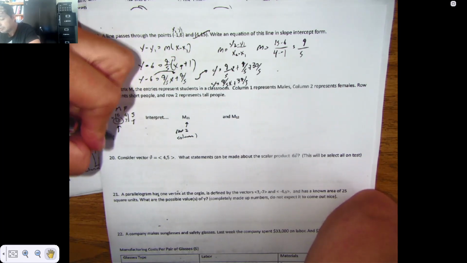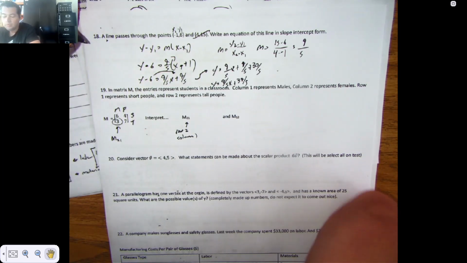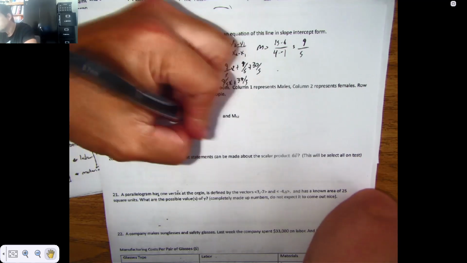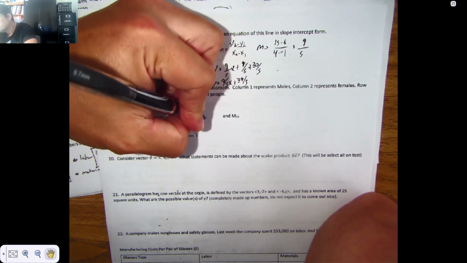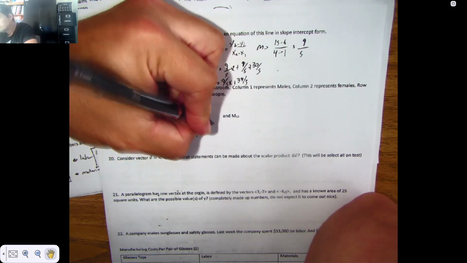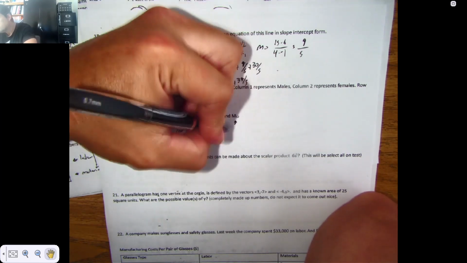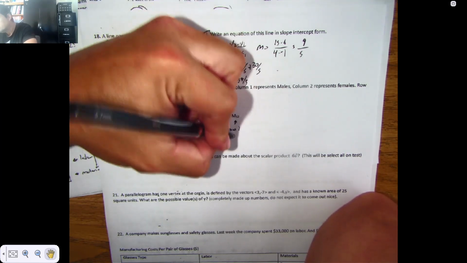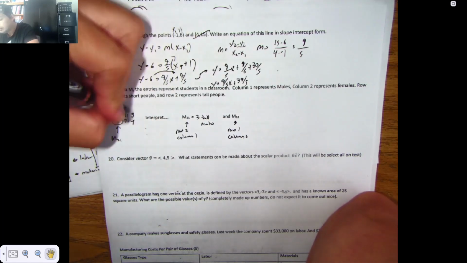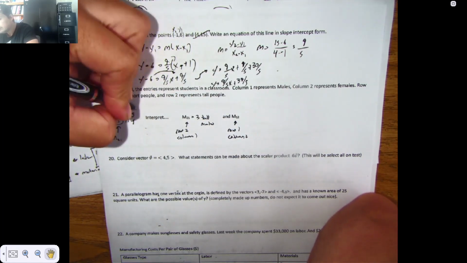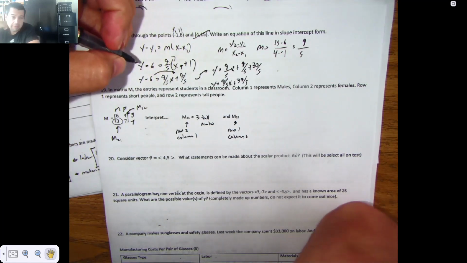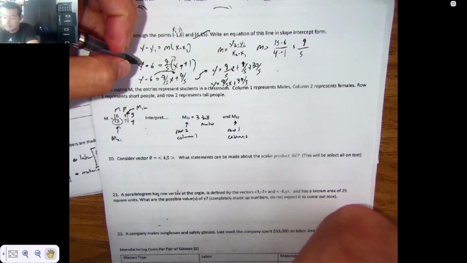That's M21. What is it? It's 3 tall males. M12 is row 1, column 2. This element is about females. It's 4 short females.